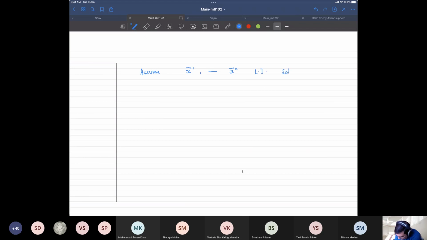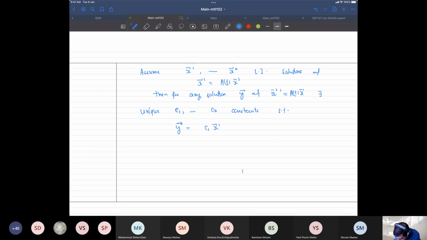Linearly independent solutions of x prime is equal to A(t)x, then for any solution y of x prime is equal to A(t)x, there exist unique constants C1, ..., Cn such that the vector y is going to be a unique linear combination of these solutions.